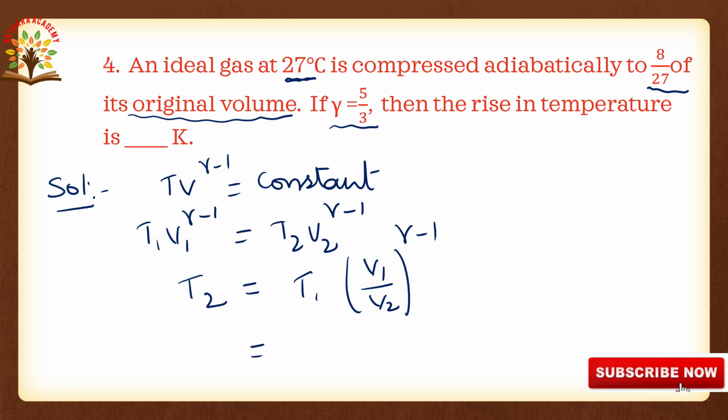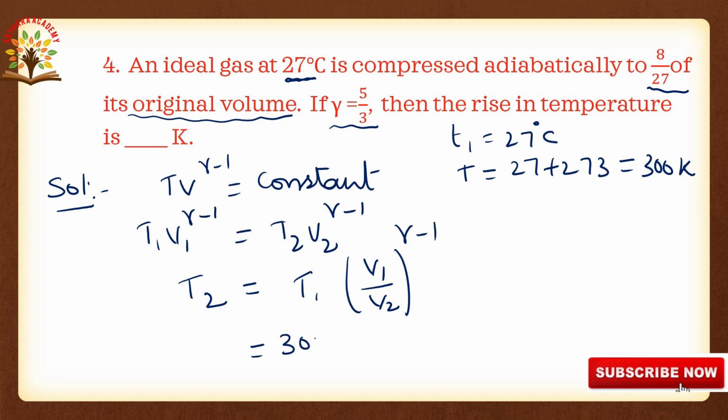Substituting values, T1 is equal to 300 Kelvin. See here, T1 is 27 degrees centigrade, we convert into Kelvin, 27 plus 273, it becomes 300 Kelvin. So 300 into V1 by V2, and V1 by V2 is 8 by 27 V1. V1 gets cancelled. In the place of gamma we write 5 by 3.